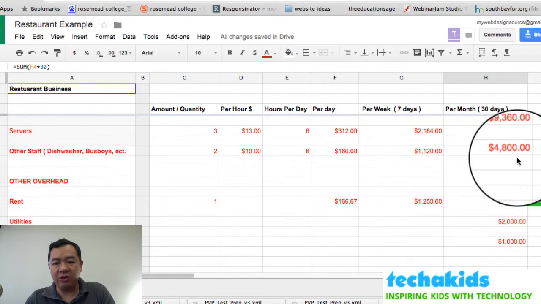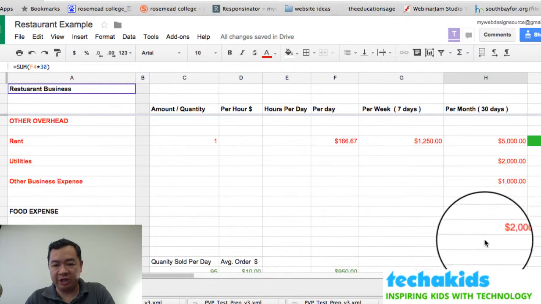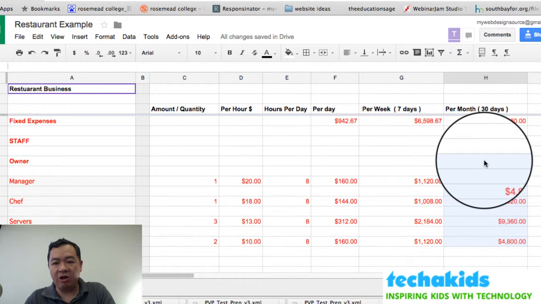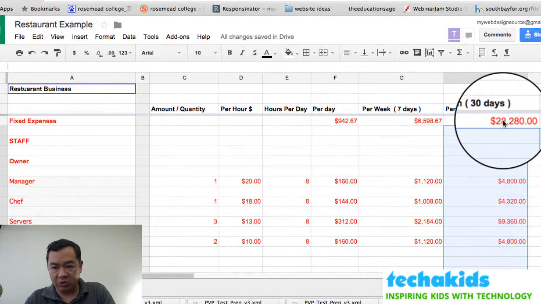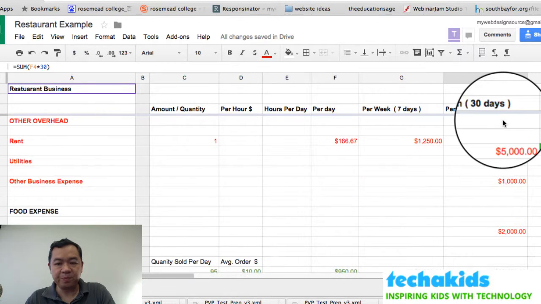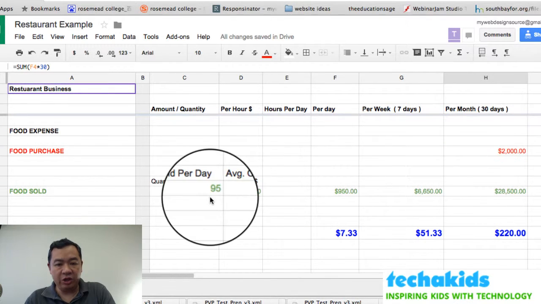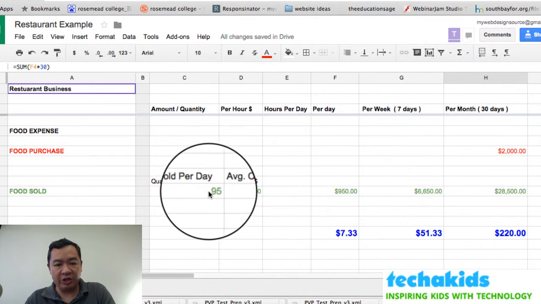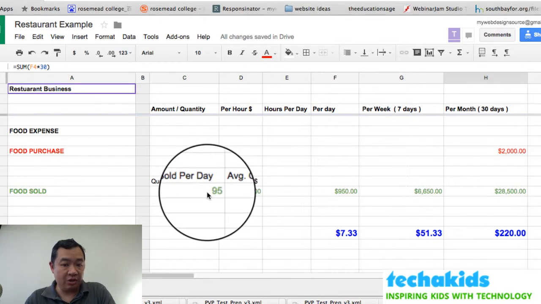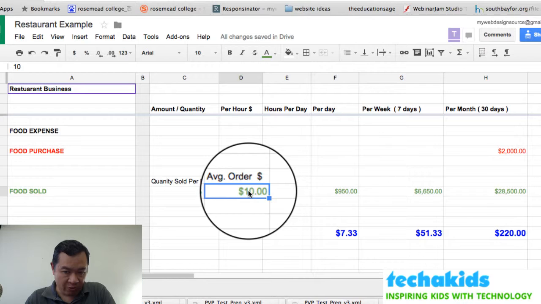I can also do it the other way, which I showed earlier, which is adding all this, which will also add up to that. The food sold, we said in this example I sold 95 orders, maybe a meal, which averaged $10 per order.